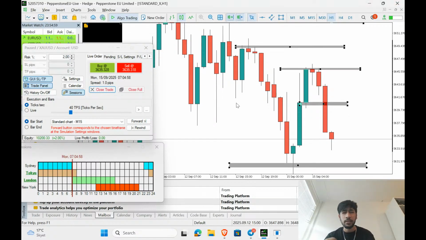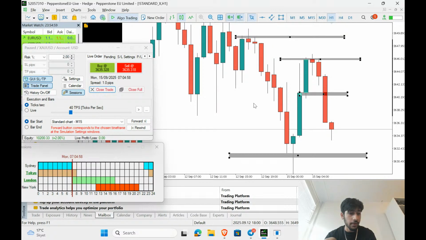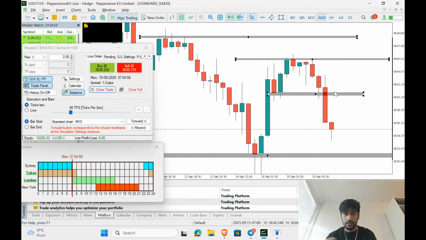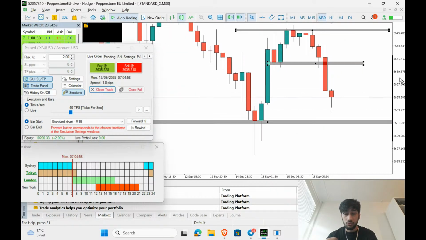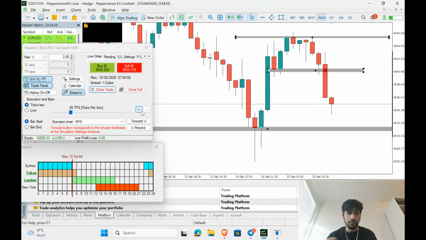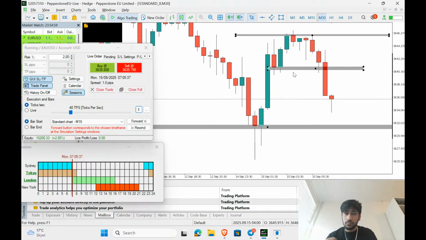You just gotta be patient. And next thing is you have to be careful about the rejection areas. Rejection areas are very tricky areas, so you just have to stay away from them, because price might just reject from that rejection area.